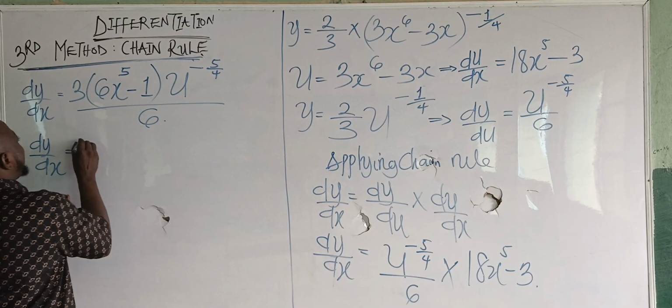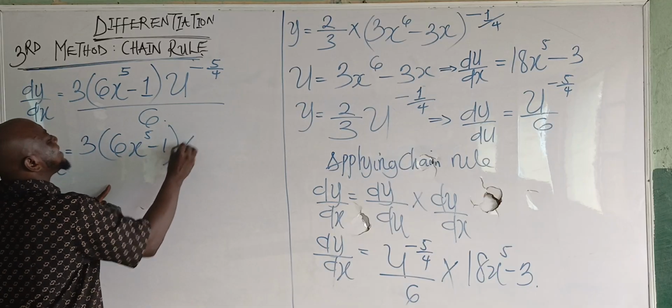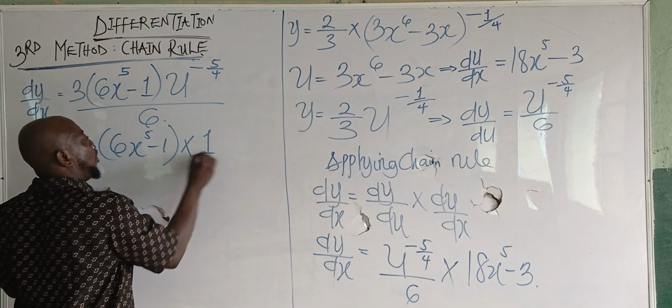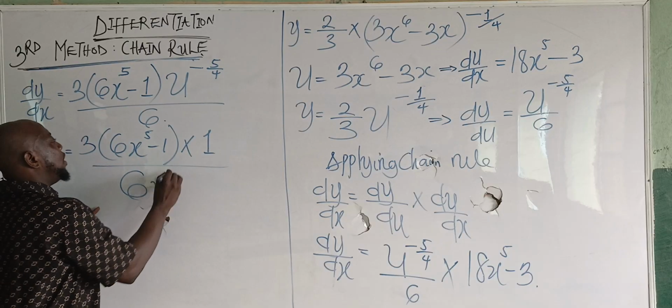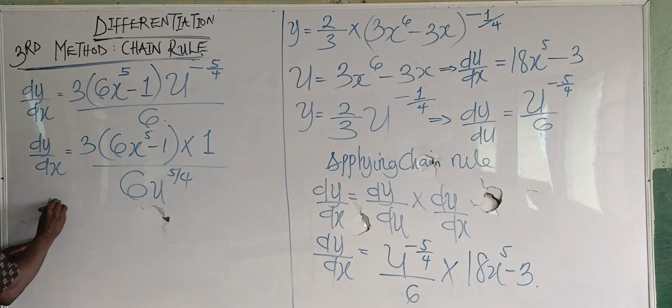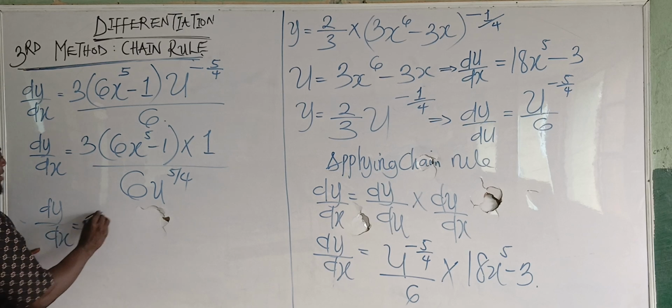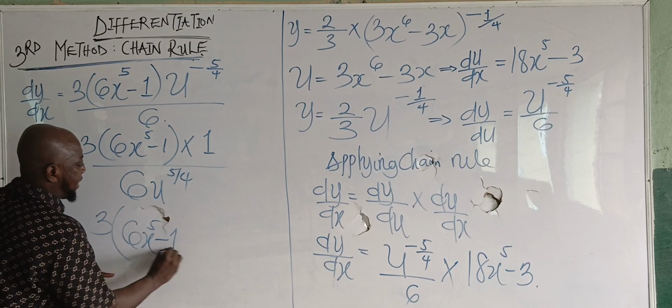So here will now become 3 into bracket 6x raised to the power of 5, 1 here, times, there must be 1 here, all over this u will drop down. So we have 6u all raised to the power of 5/4. Don't forget that. The final step here is that we have 3 into bracket 6x raised to the power of 5 and 1 here.